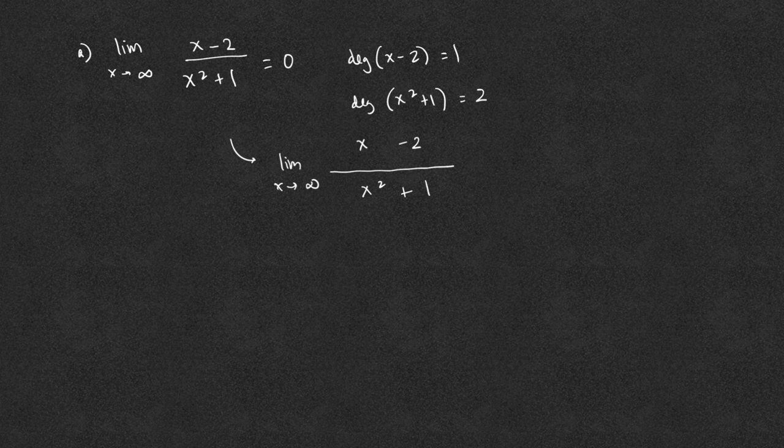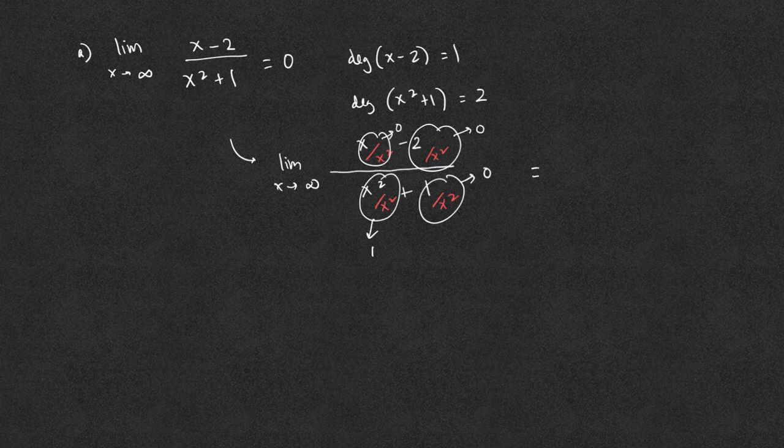in the denominator, which is x squared. And so we will take every single term and divide by x squared only. 1 over x squared would go to 0 as x goes to infinity. 2 over x squared would go to 0 as x goes to infinity, and x over x squared simplifies to 1 over x, and 1 over x goes to 0 as x goes to infinity, and x squared over x squared goes to 1.